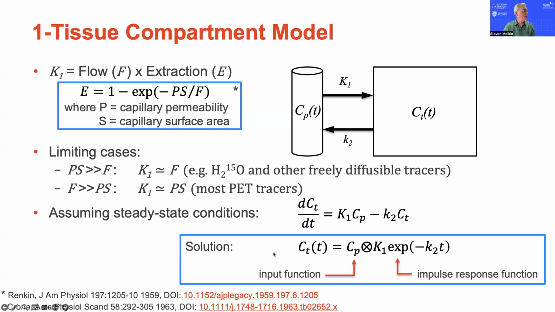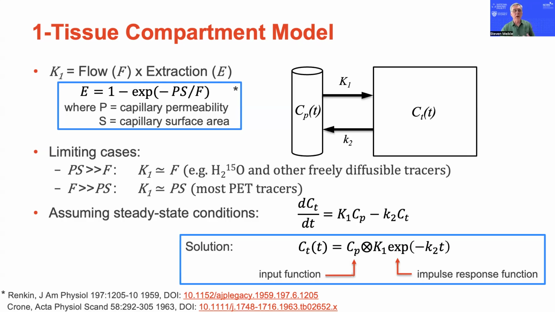The solution to the model is this equation that describes our tissue concentration at any time t as a convolution between our arterial input function and this mono exponential, which we call the impulse response function. So when we do kinetic modeling, mostly what we're trying to do is to estimate the parameters of the impulse response function.